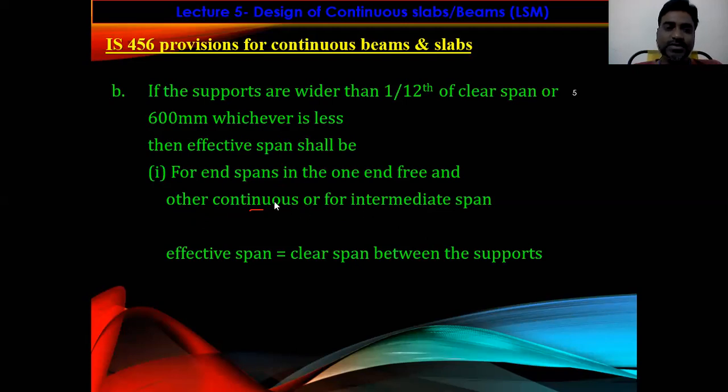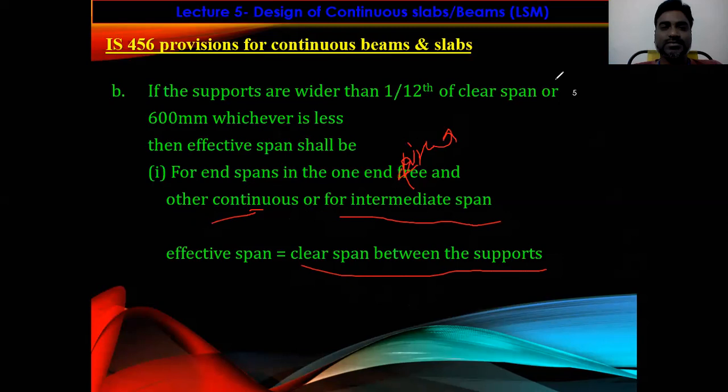Then first thing you need to check is, if you are going to calculate the effective span for end spans, one end is fixed, and other end is continuous, or for other intermediate spans, the effective span is clear span between the supports.